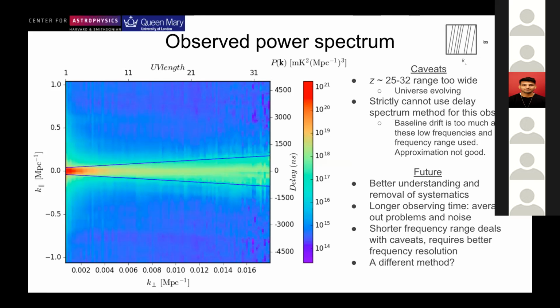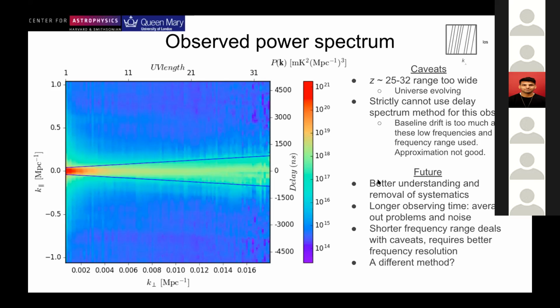Strictly, we can't use the delay spectrum method for this observation because these baseline drifts that I talked about are too long at these low frequencies and the frequency range used. So the approximation that we got by Fourier transforming these baselines to get the line of sight power is starting to break down.